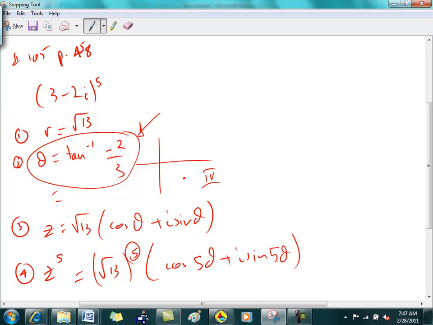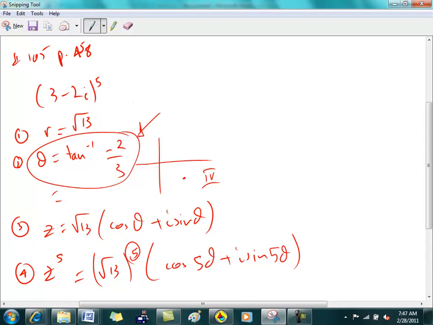It's going to be a crazy number. My only gotcha is to make sure you have the numbers stored in your calculator. Do not use 4 decimal places, because if you do, you will not get the answer they have. The answer in the book is negative 597 minus 122i.